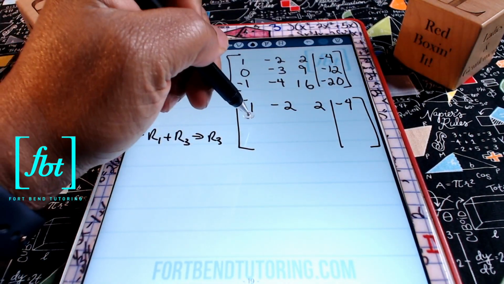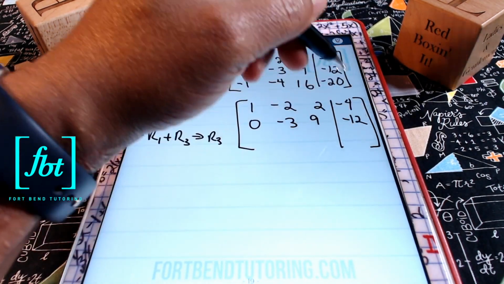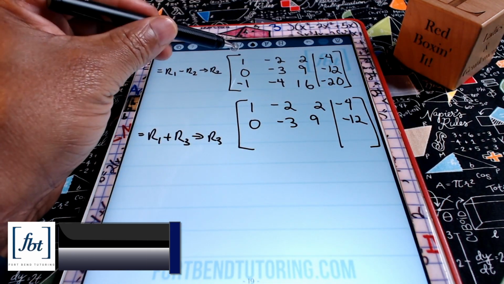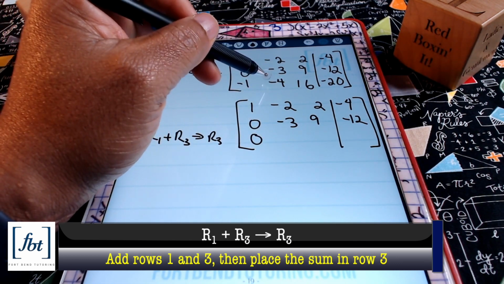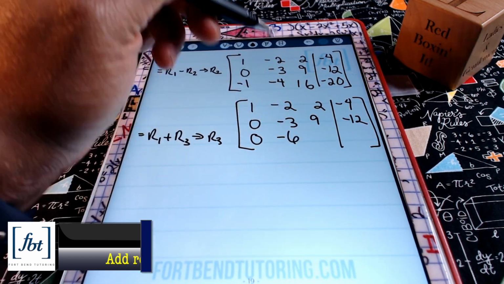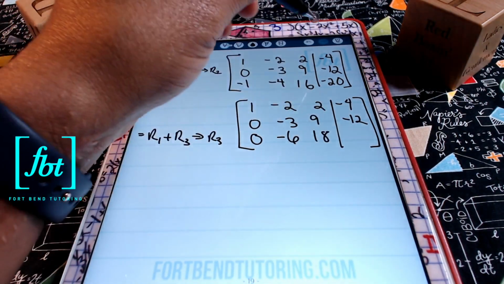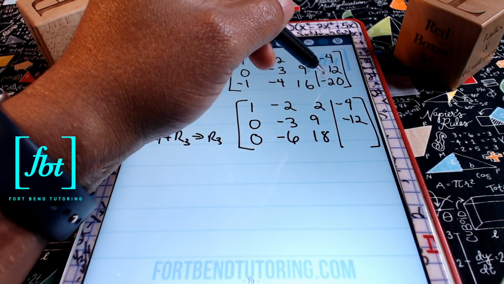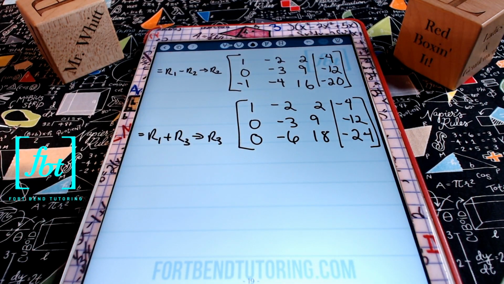And I also have 0, -3, 9, and -12, as well as 1 plus -1 gives me 0. -2 plus -4 gives me -6. 2 plus 16 gives me 18. And then -4 and -20 combine to give me -24. And this is my new third row after that row operation now.